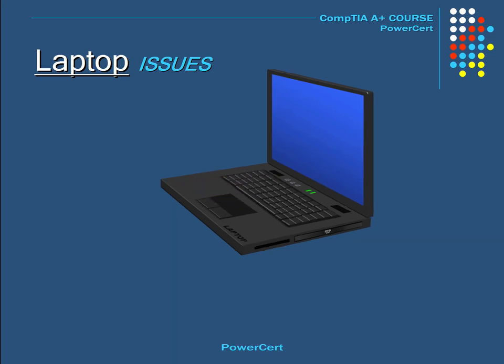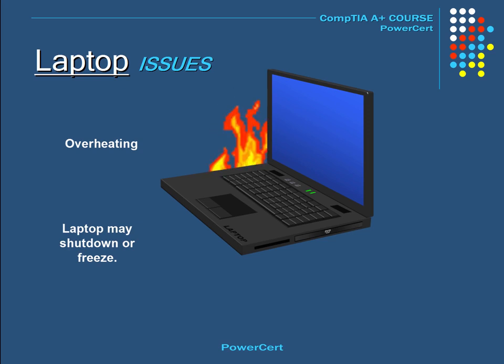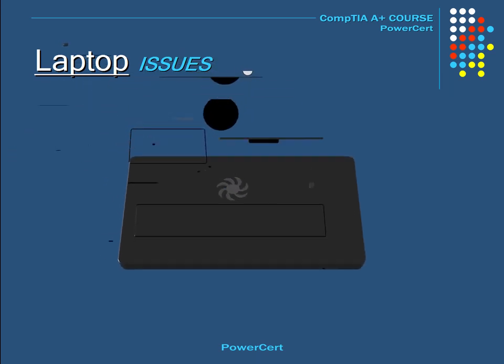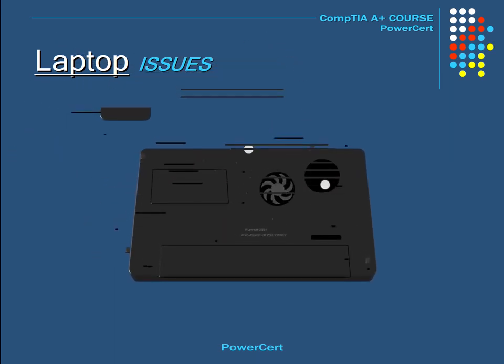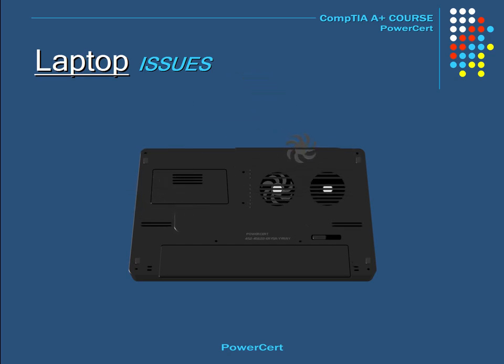A very common issue that happens with laptops is overheating. A lot of people complain that as they're working on their laptop, the laptop shuts down or freezes, which is a very common symptom of overheating. Now, laptops have air vents either on the side or on the bottom of the laptop along with fans.